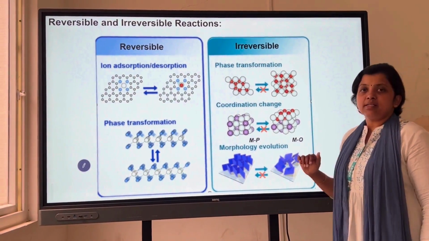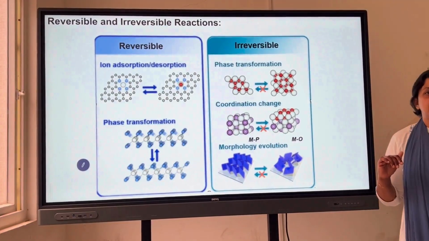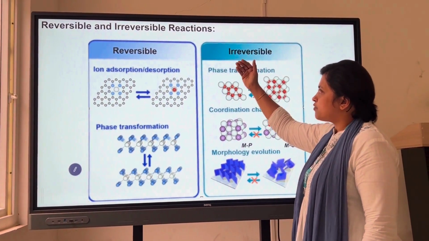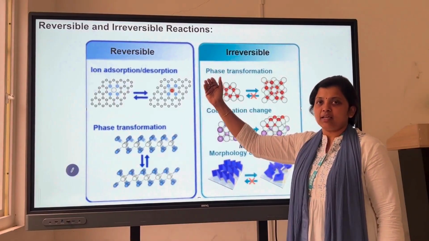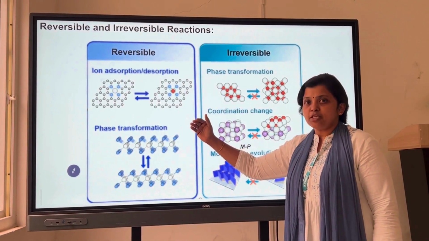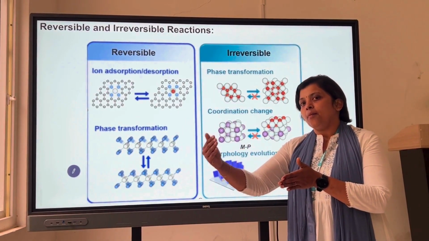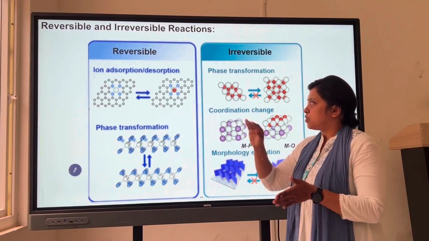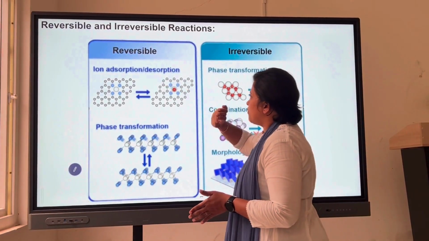And the next one is reversible and irreversible reactions. In the names reversible and irreversible themselves we can clearly see the explanation. Reversible means one thing can happen, but after a particular time it can be reversed again. So this is nothing but your reversible reaction.